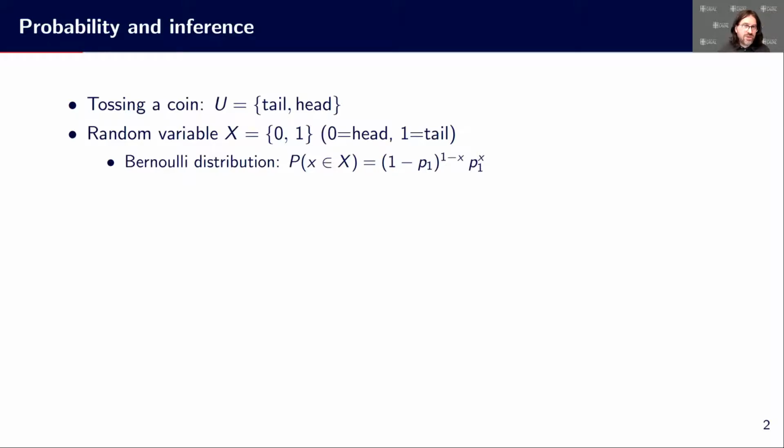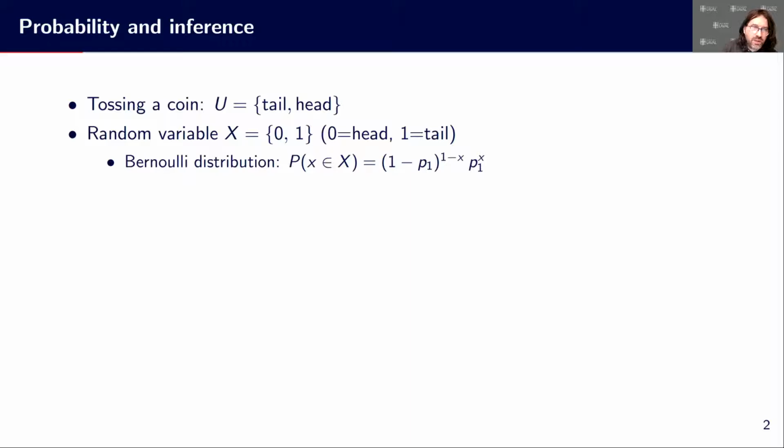This gives us as probability of small x, the outcome being the event x, we are saying that it follows a Bernoulli distribution, such that this is equivalent to getting a probability equal to 1 minus P1.